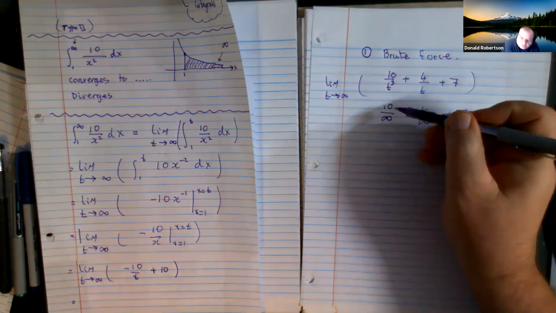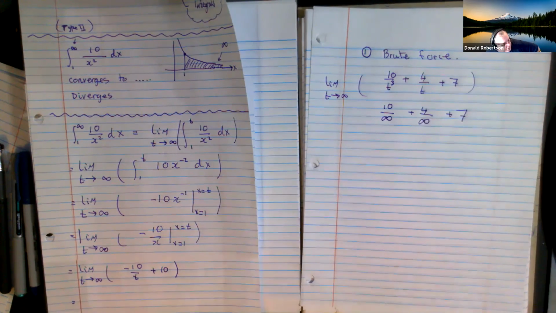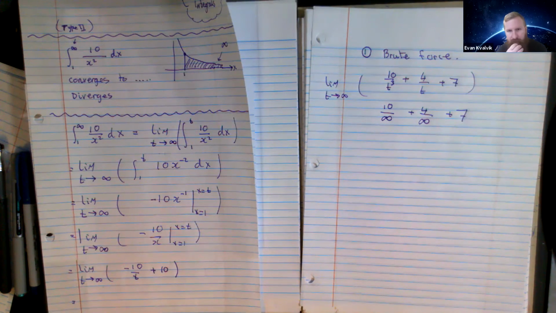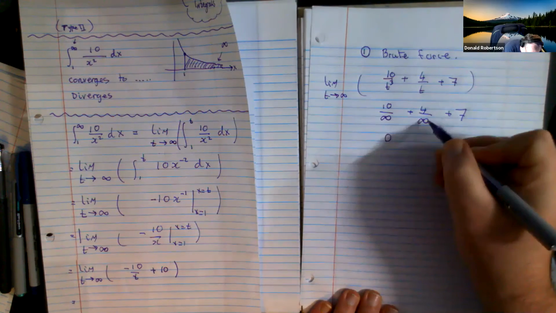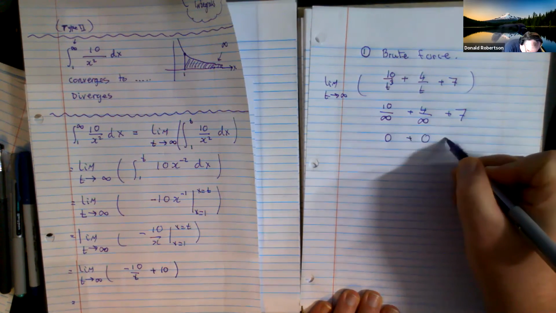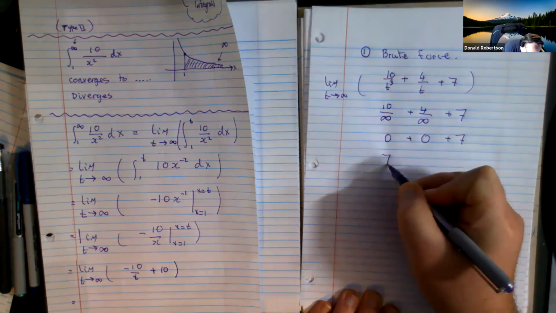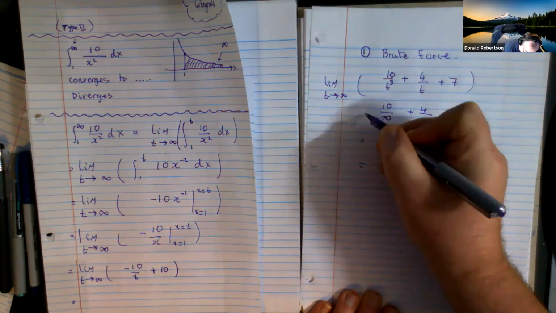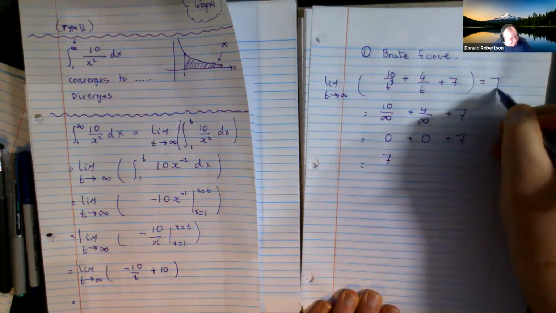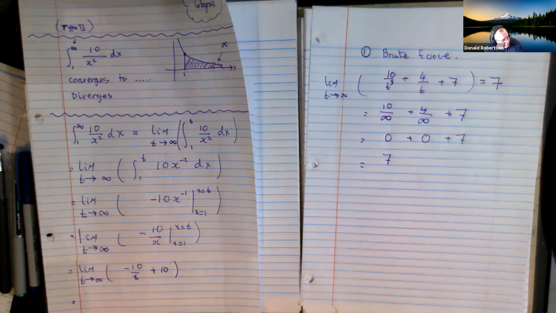What's 10 over an infinitely large number essentially the same value as? 0. And would you agree that 4 over it is also 0? And the net result here is that this thing has a limit of 7. Can you remember that technique where you can just plug infinity in and get an answer?